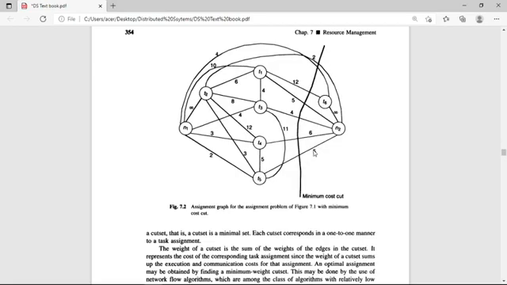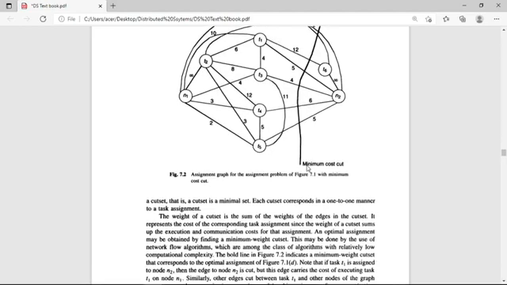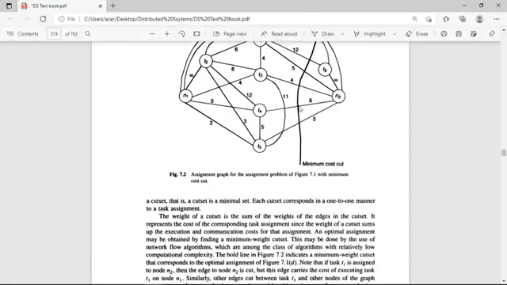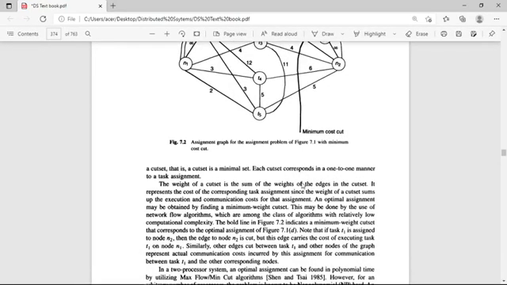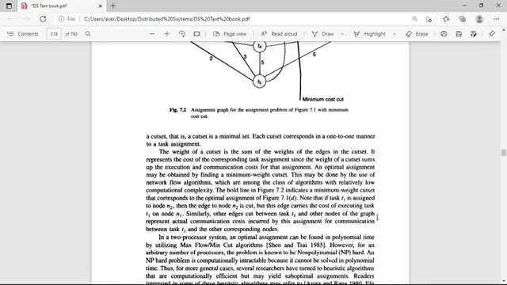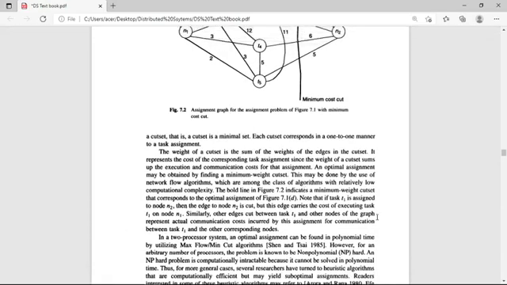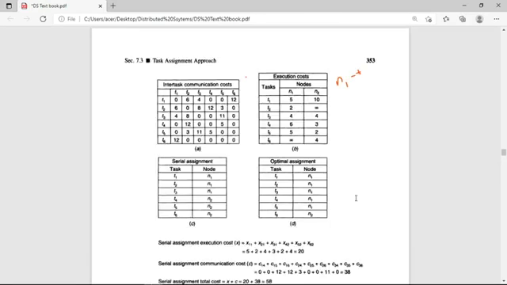To find this minimum weight cut set, different network flow algorithms are used. So here it is assumed as this one, the minimum cost cut. Like that it is assigned. So here we will see the approach.